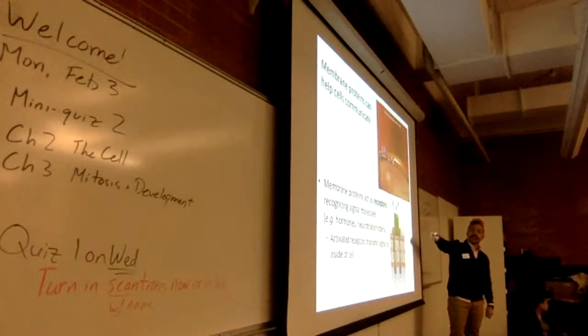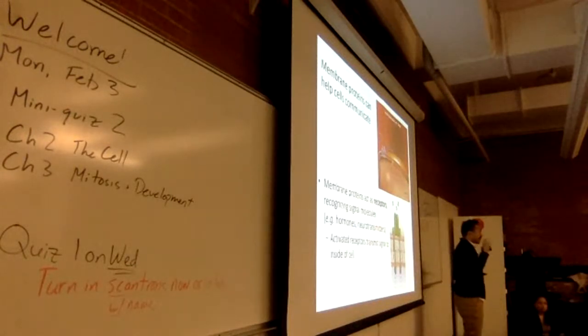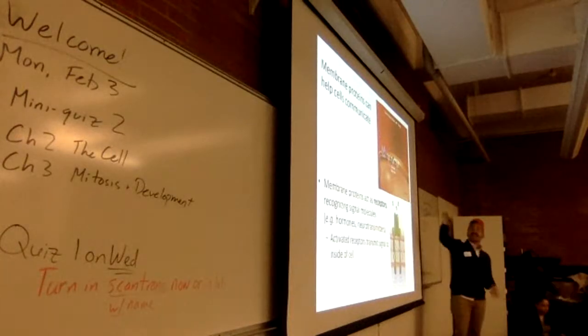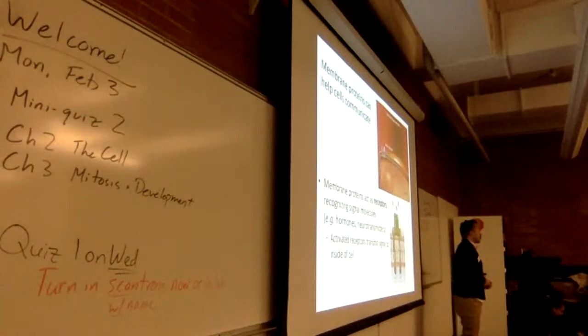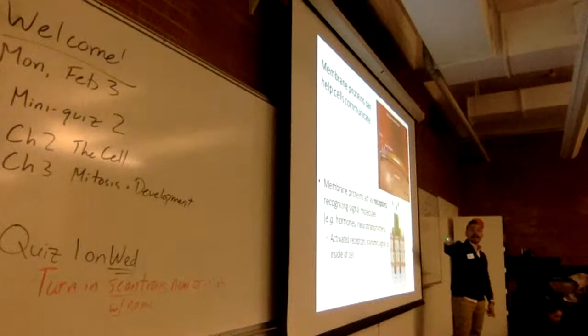So that's what's shown here. Insulin binds to this protein receptor. And then this receptor, when it gets activated, it tells the cell to do something. In this case, it tells the cell to let glucose into the cell. So here's now glucose being allowed into the cell. So that's our first example of a protein.